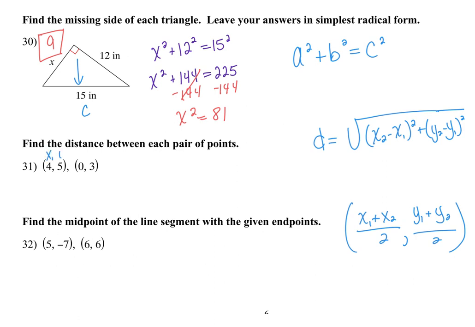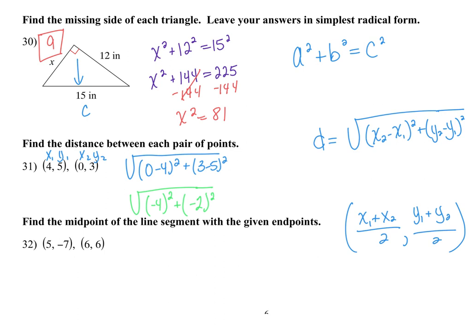When I'm finding distance, I'm literally just plugging it in, so I would recommend knowing that formula. All right, remember when you square anything, it turns positive. So even though that's a -4, when I square it, it will be positive. This is a -2.